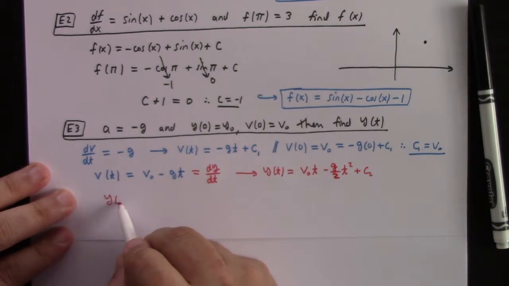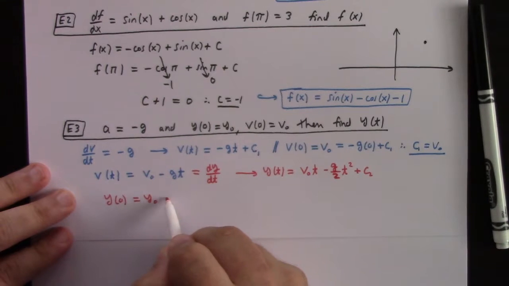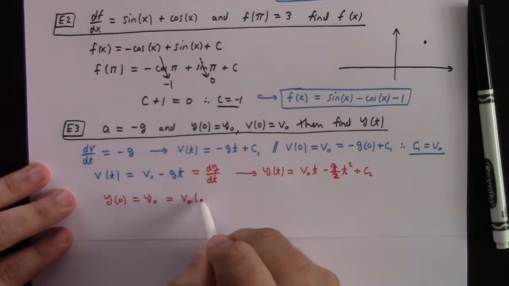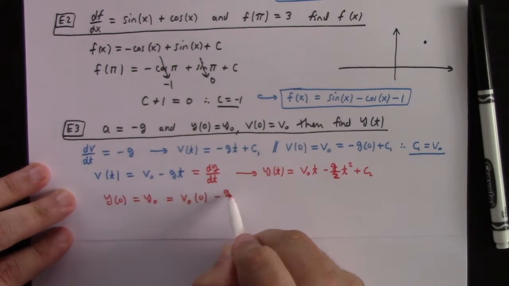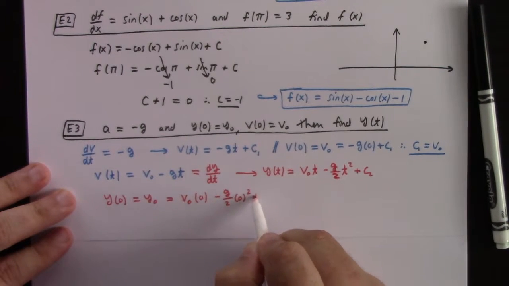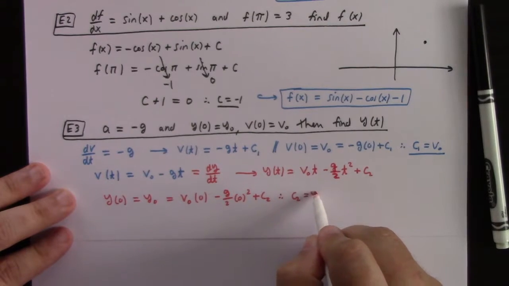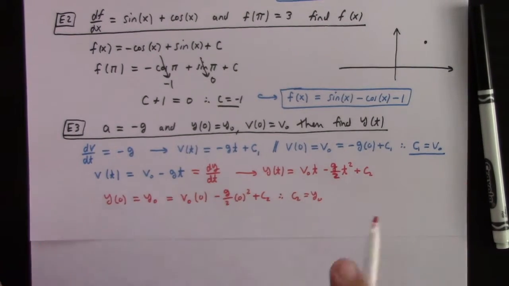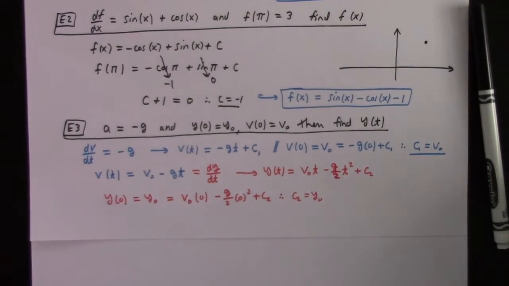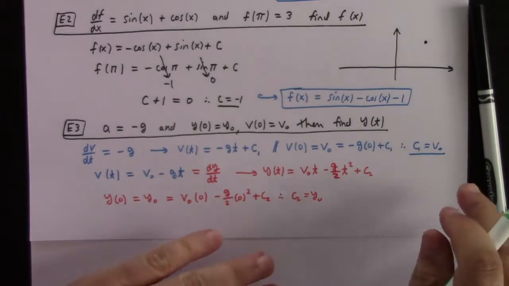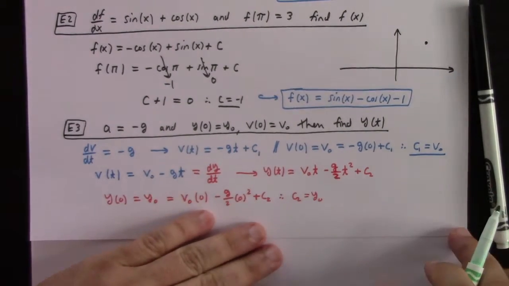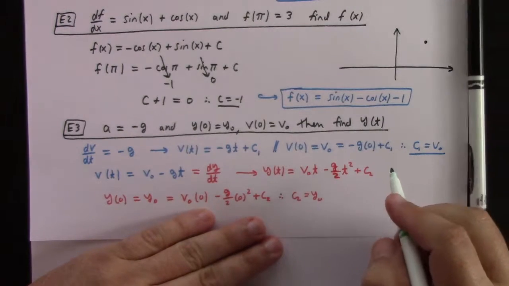But I know that y of 0 is equal to y naught, and that's equal to v naught times 0 minus g over 2 times 0 squared plus c2. Therefore, c2 is equal to y naught. And we conclude with the well-known formula for an object falling under the constant acceleration of gravity.